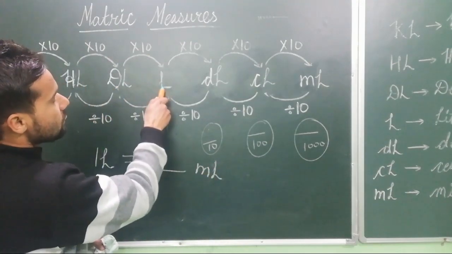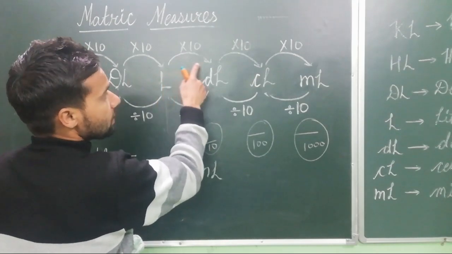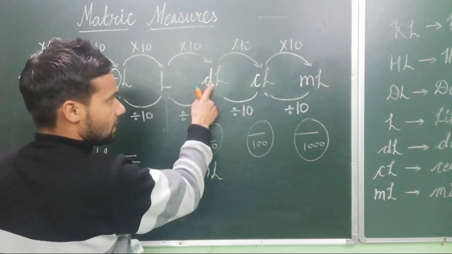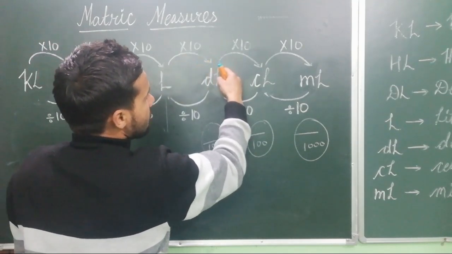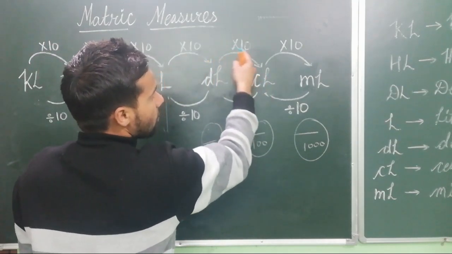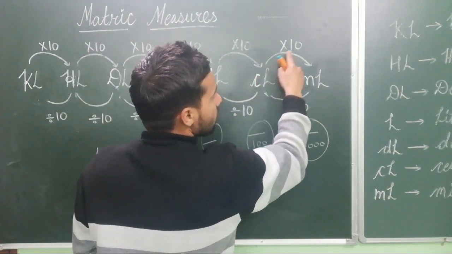If you see this 1 liter, liter is bigger than, yes, deciliter, but how many times? 10 times. Again, deciliter is bigger than centiliter, but how many times? 10 times. Centiliter is bigger than milliliter, but how many times? 10 times.